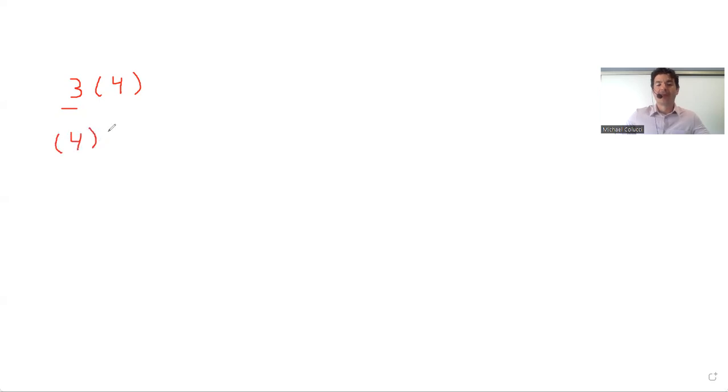Both of these things mean 3 times 4, or in the case of the second one, 4 times 3, but it doesn't matter because you can switch things around in multiplication. This also means to multiply if there's a parentheses right next to a parentheses. Got it?